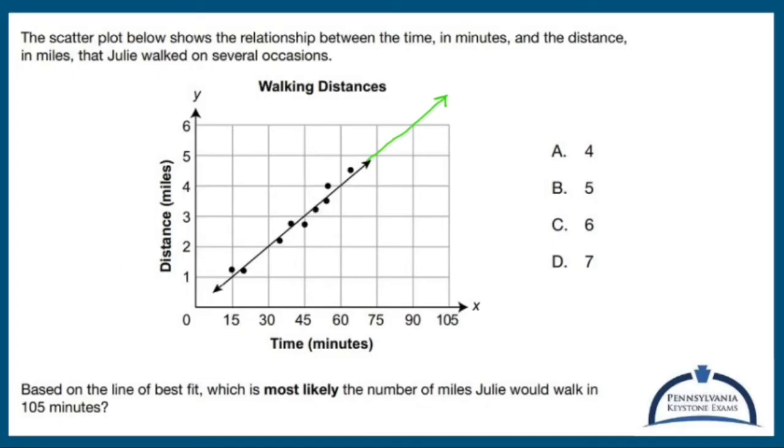Okay, 105 minutes is going to be this dot up here that's not even on the graph. But that dot up there, I can use a little bit of estimation and say that dot up there would be a 7 if the graph kept going. So 7 it is. I'm sticking with it. 105 minutes should be around 7 miles if using this line of best fit as an estimate.